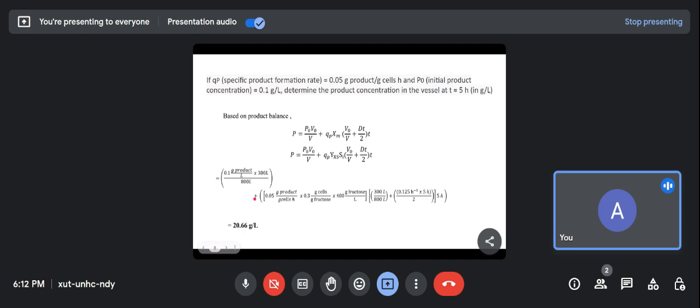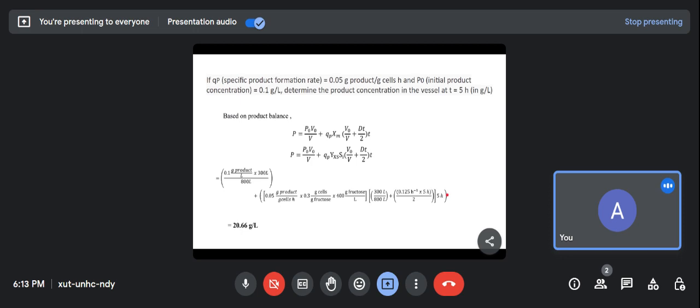Okay, plus QP, which is given as 0.05, into the yield coefficient, which is 0.3, into the initial substrate, which is 400, by 300, which is the initial volume, by final 800 volume, plus the dt, which is 0.125 into 5 by 2, and this entire thing multiplied by 5 hours.